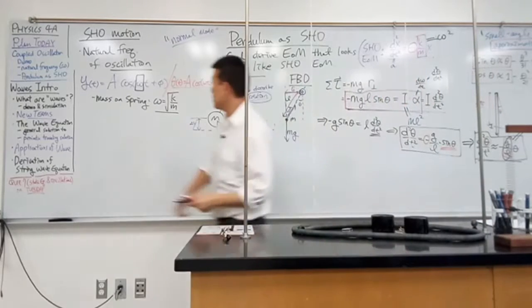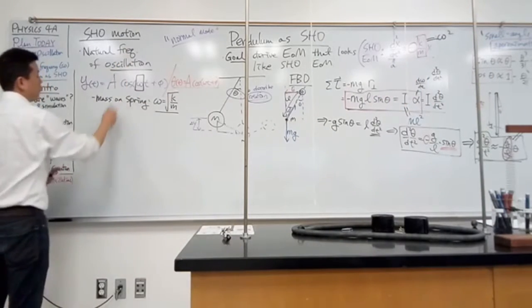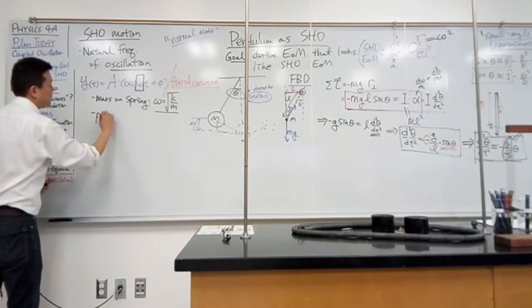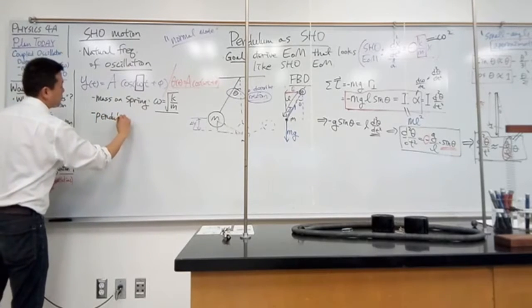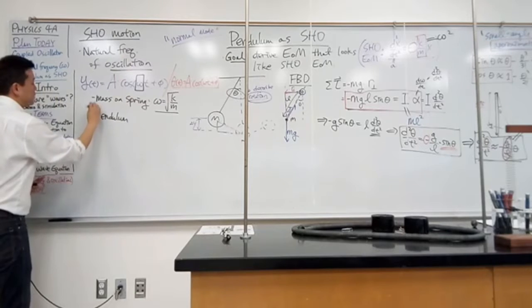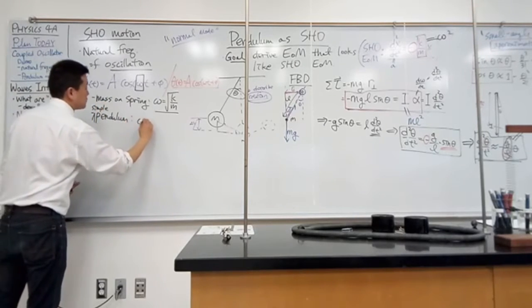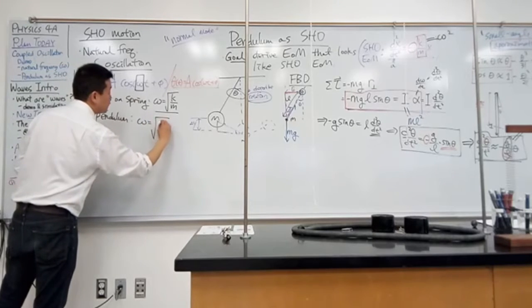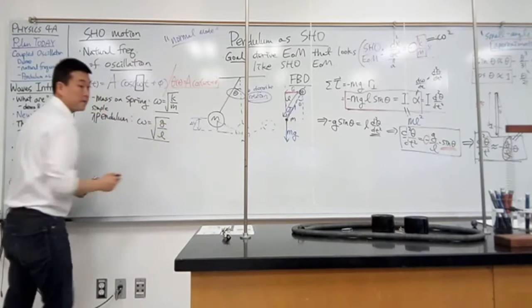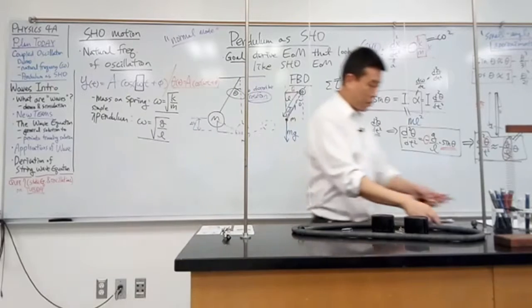So in other words, natural frequency of oscillation for a pendulum, I should really call this a simple pendulum, is equal to square root of g over L.